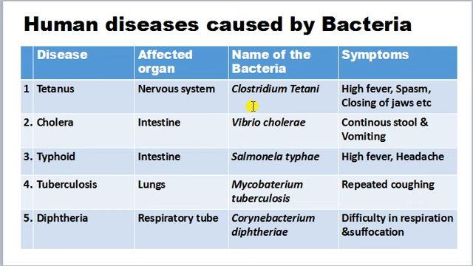The name of the bacteria is Clostridium tetani, which causes tetanus or lockjaw, and this mainly affects the nervous system of the human being. In tetanus, Clostridium tetani releases a bacterial toxin, and this toxin affects your nervous system and basically muscle contraction, particularly of your jaw and neck muscles.